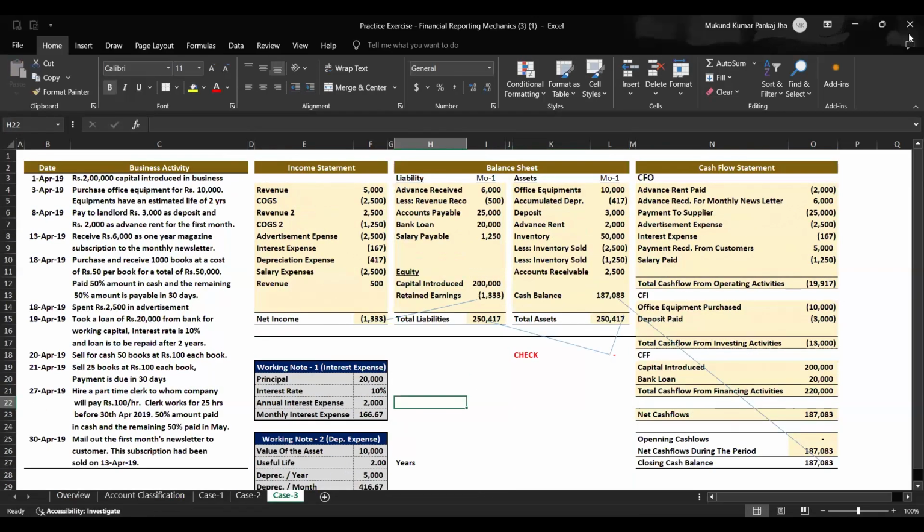Perfect. I have shared the second sheet with you guys. Please open that sheet.